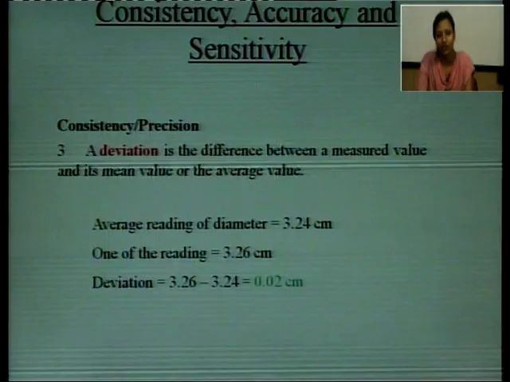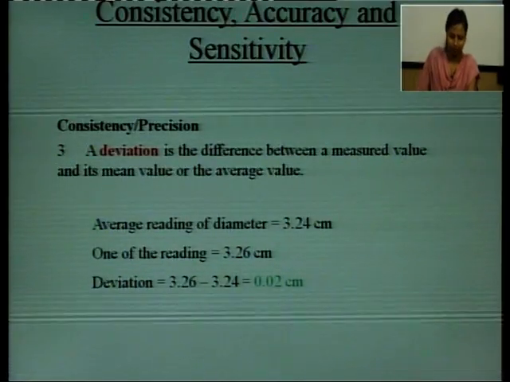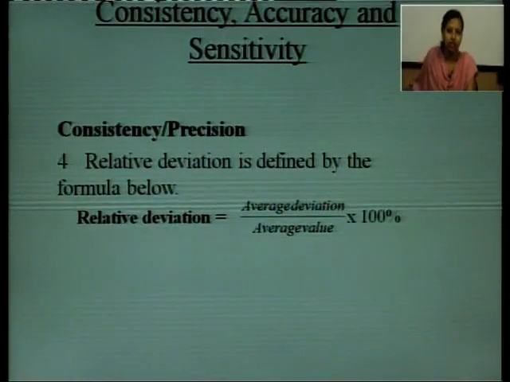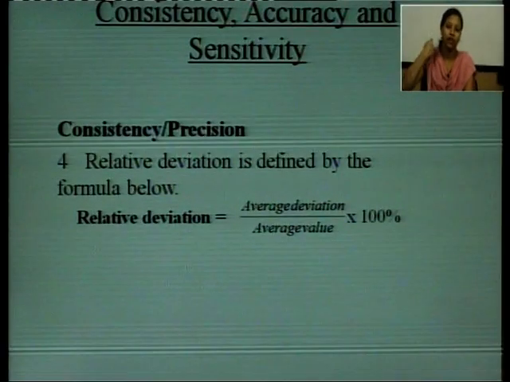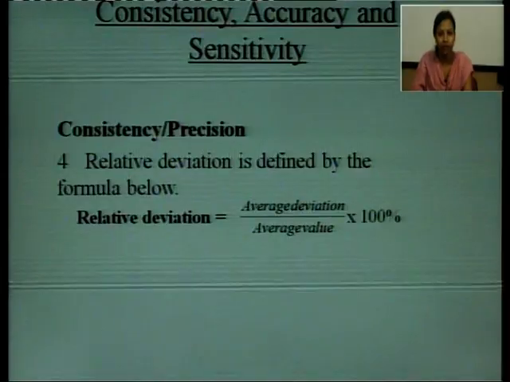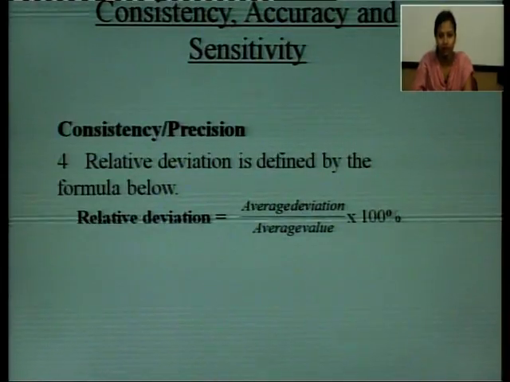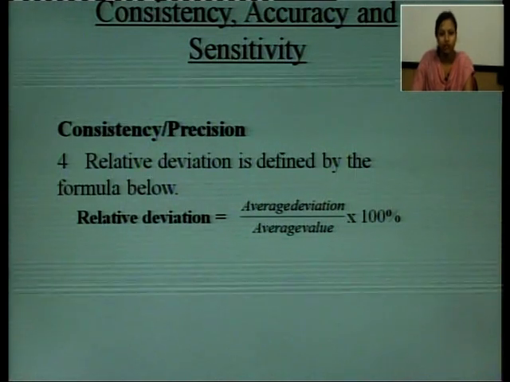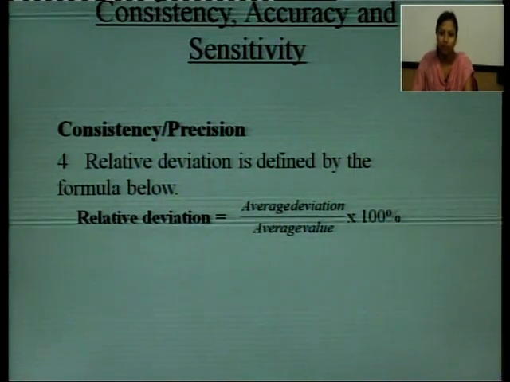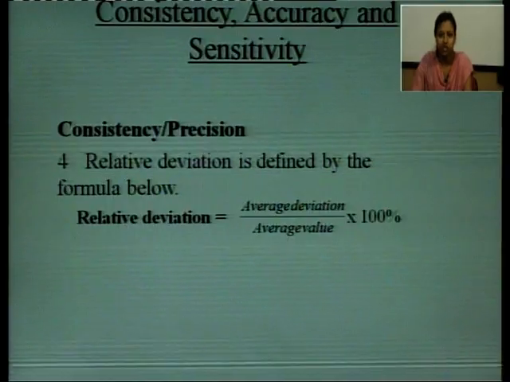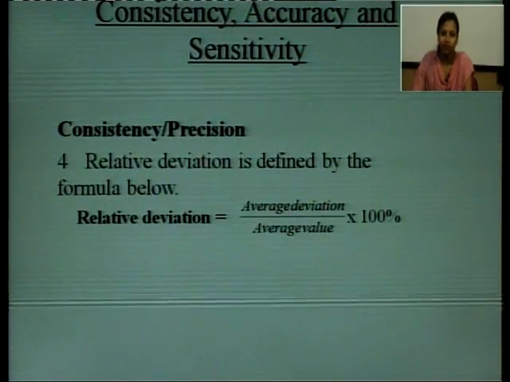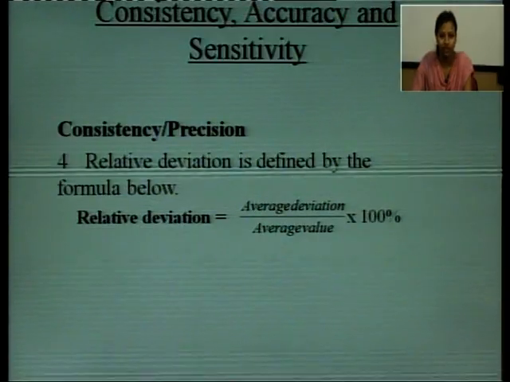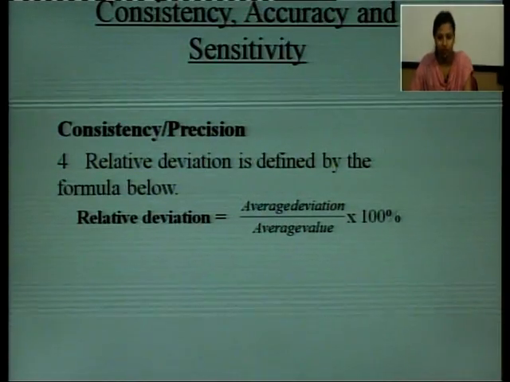So this is one deviation during the measurement. Next is relative deviation. It is defined as average deviation divided by average value, multiplied by 100. In the last example, the average deviation is 0.02 and the average value is 3.24, so we can easily calculate the relative deviation with this formula.